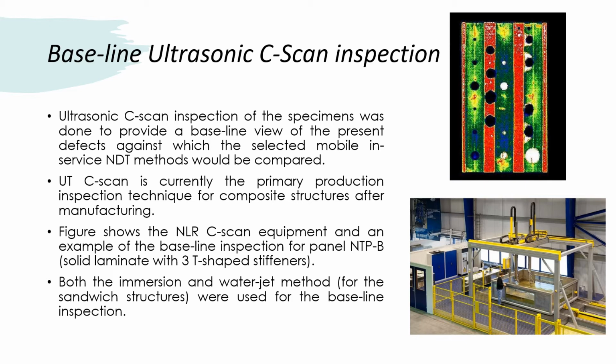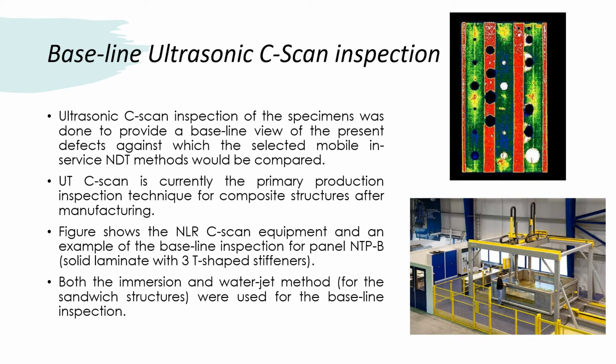The figure shows the NLR C-scan equipment and an example of the baseline inspection for the panel NTPB, that is a solid laminate with 3 T-shaped stiffeners.